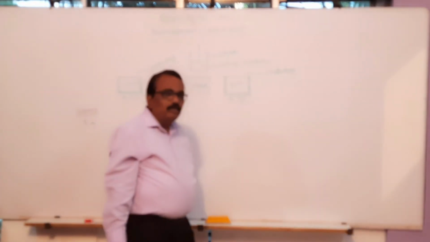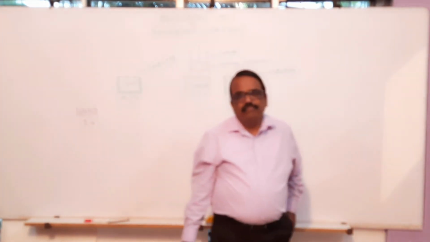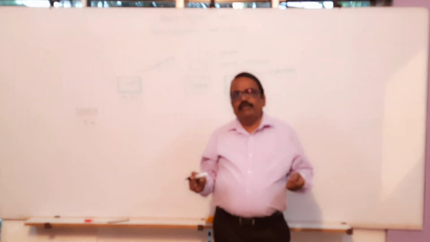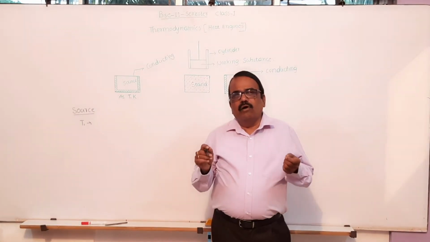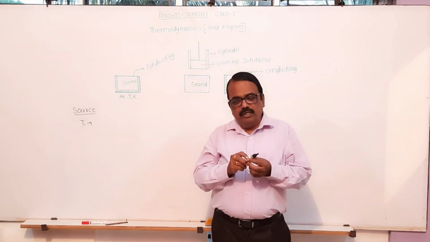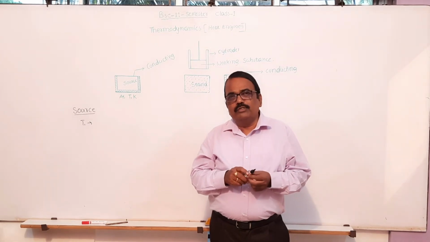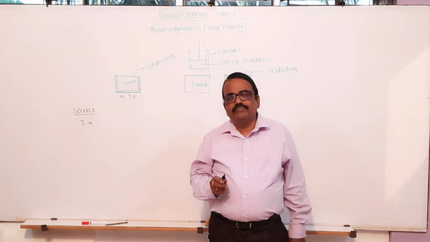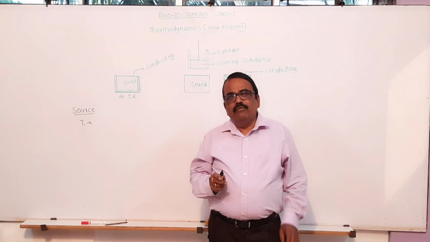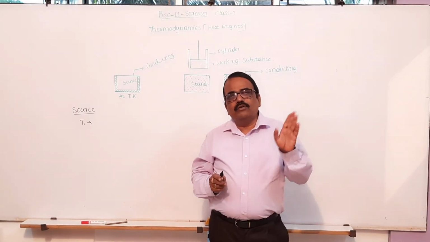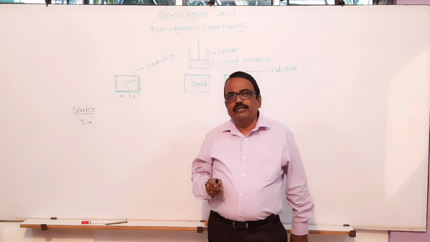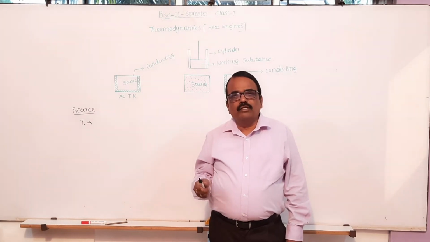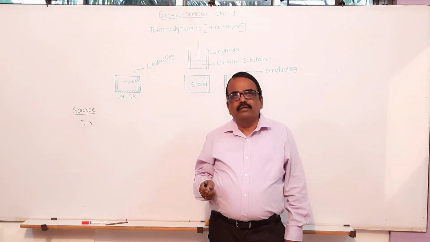What is conducting and what is insulating? If any material allows heat to flow through it, that is called a conductor. If any material does not allow heat to flow through it, it is called an insulator.